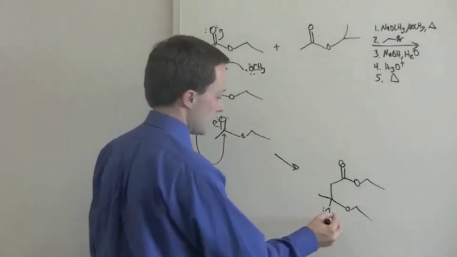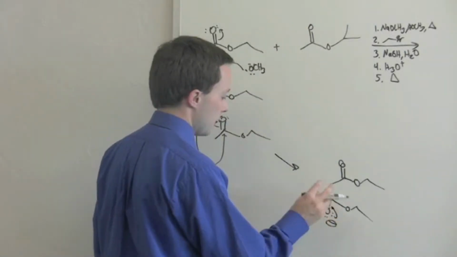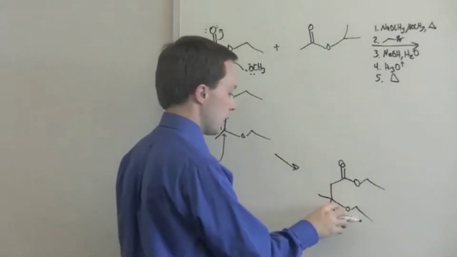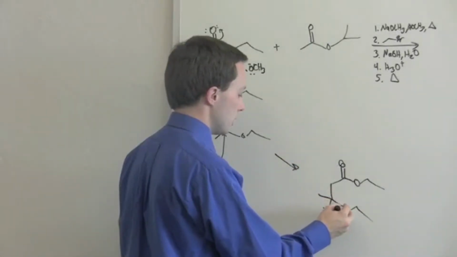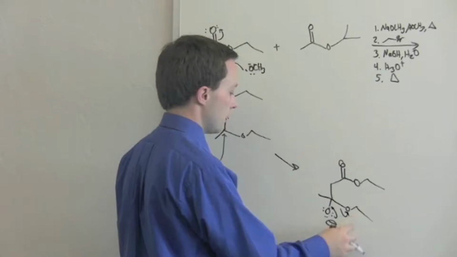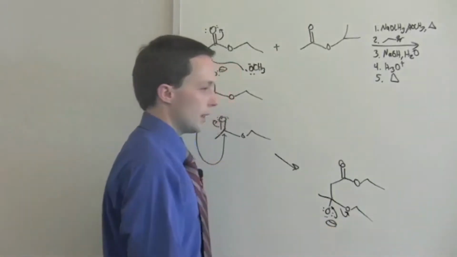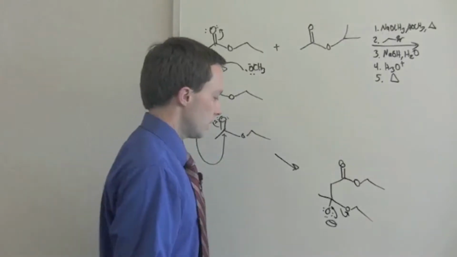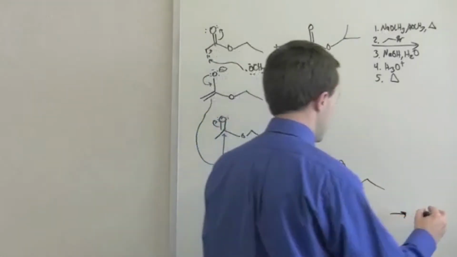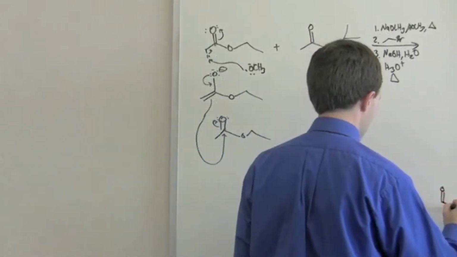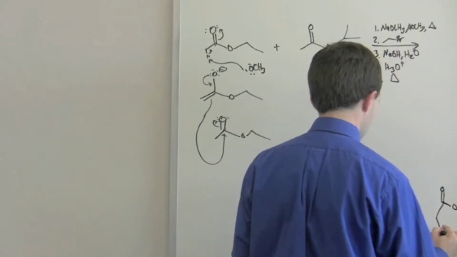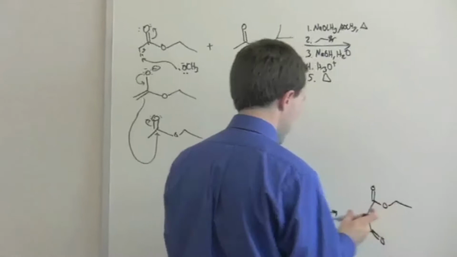The next step is that this lone pair of electrons will push back down, and now the weakest bond will break once again, and the weakest bond this time is between the carbon and the oxygen. So this pushes off that side of the ester. So the next product we form is this.